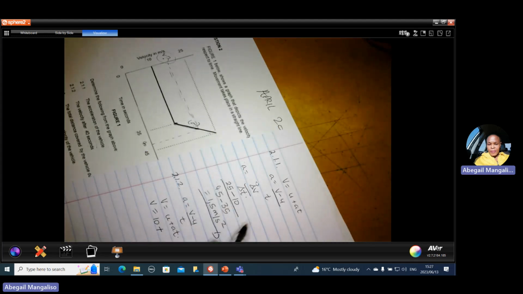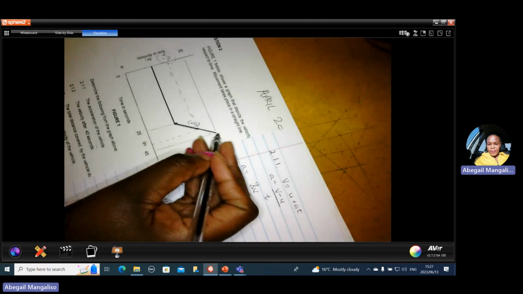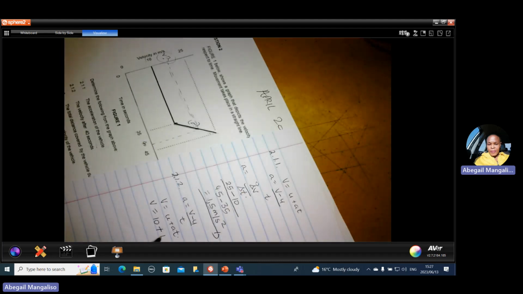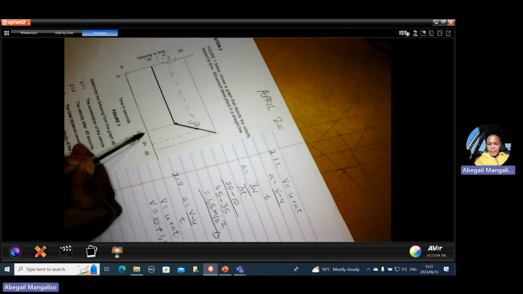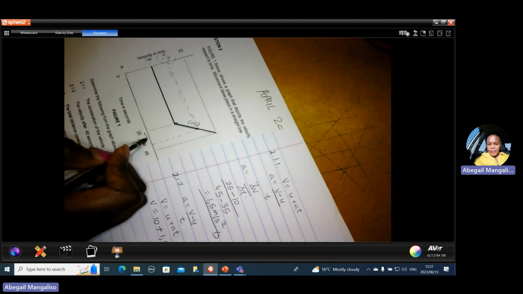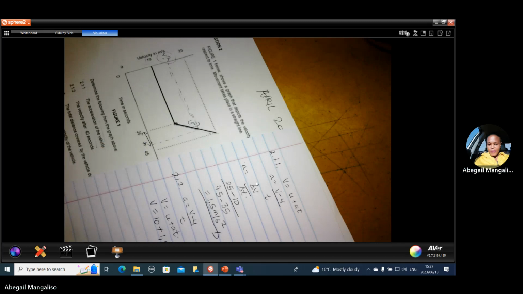So it means acceleration will remain 1,5 at any point along this line. So it's 1,5 multiplied by the time taken, which is the time under this line. So it will be 40 minus 35. 40 minus 35 is 5.